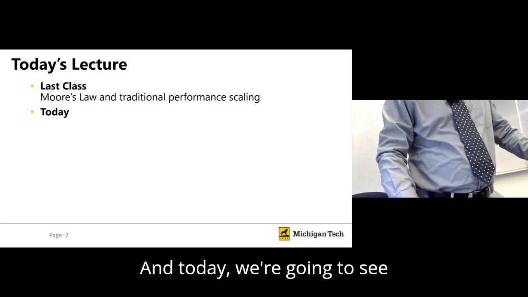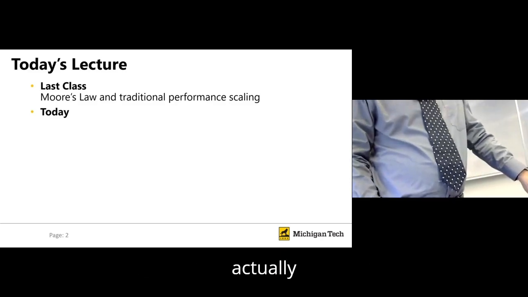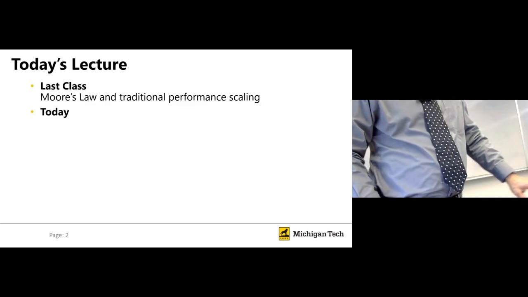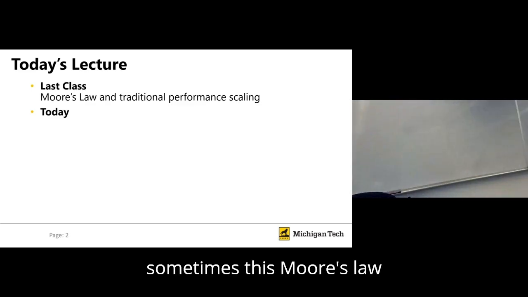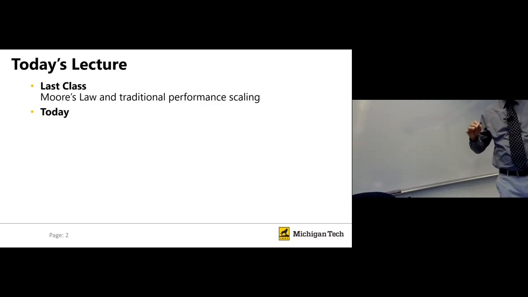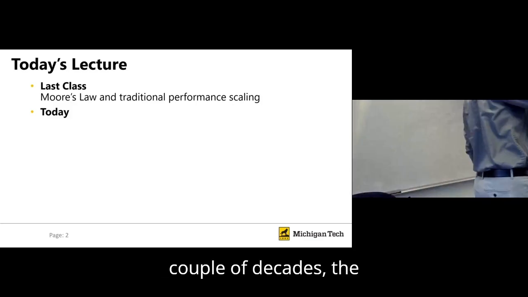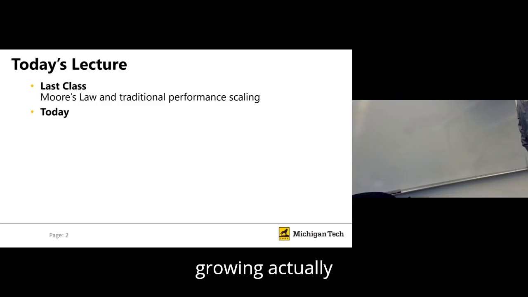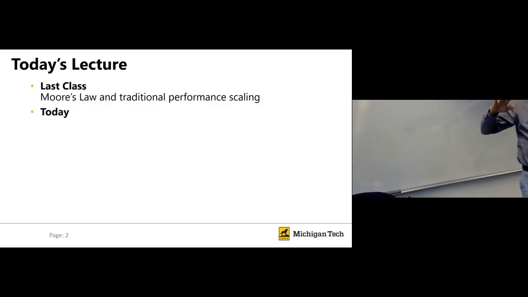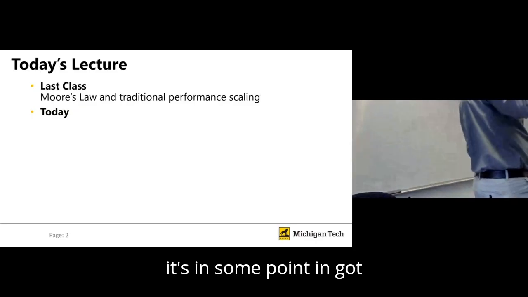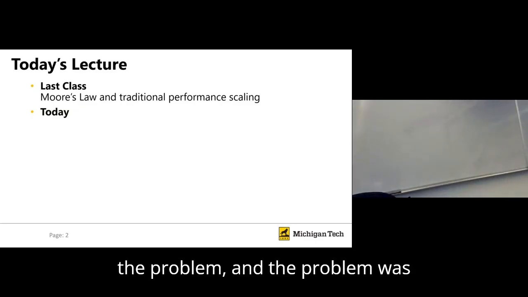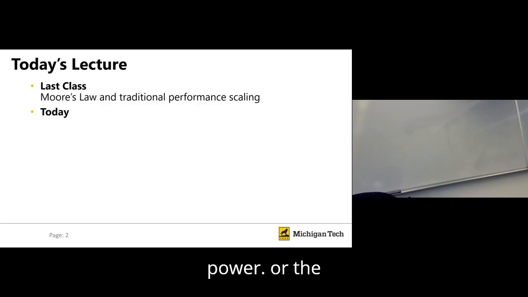And today we're going to see that sometimes Moore's law is not 100% working, because for a couple of decades the growth in performance was exponential, but at some point it got a problem, and the problem was power, or the CPUs got so hot.